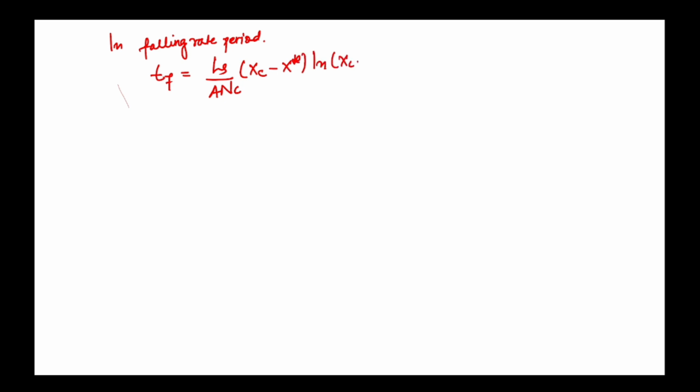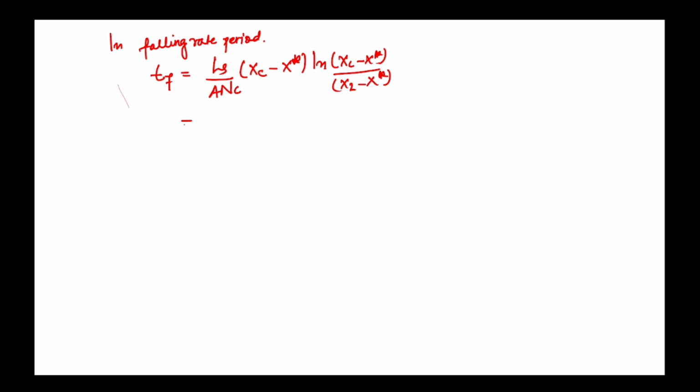In the falling rate period, tF is equal to Ls upon A Nc times Xc minus X equilibrium ln Xc minus X equilibrium upon X2 minus X equilibrium.